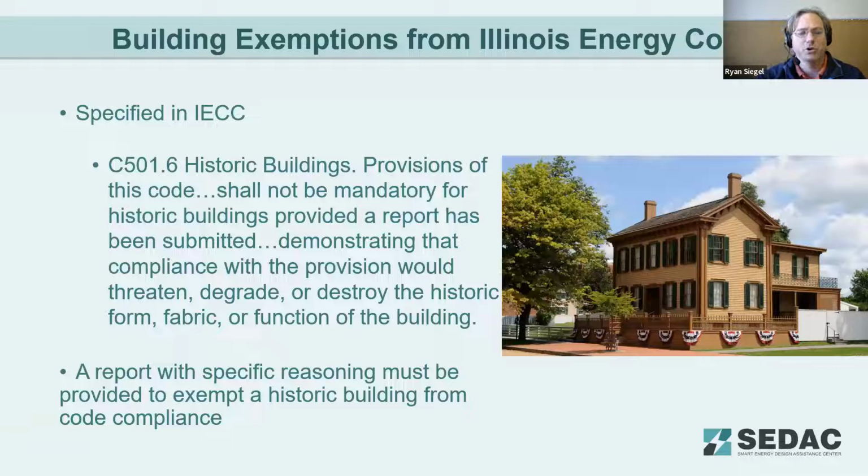And here's some of the language of the International Energy Conservation Code, noting that if you are not going to fully comply or not use traditional prescriptive compliance, then make a note of how you have tried to comply to the best of your ability, and call out areas where you've not been able to meet the full requirements, such that compliance would threaten, degrade, or destroy the historic form, fabric, or function of that building.